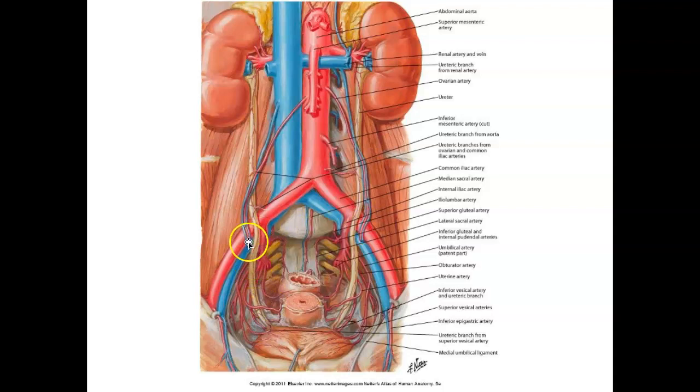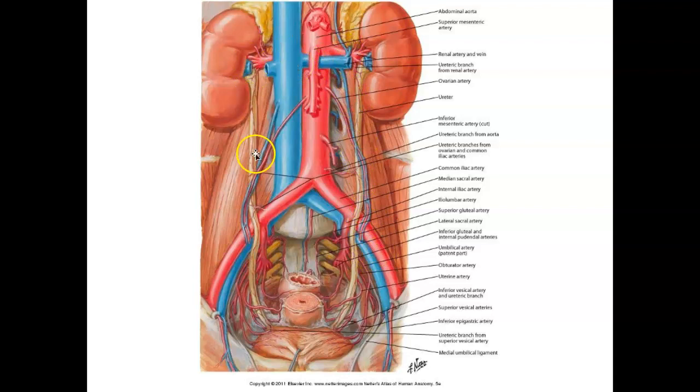So on the right side, the gonadal vein, the ovarian vein or the testicular vein, is going to just go right back into the vena cava. But on the left side, it's actually going to go up into the left renal vein and then enter the inferior vena cava. So right goes right into the vena cava. Left is going to go to the renal vein and then back into the vena cava.